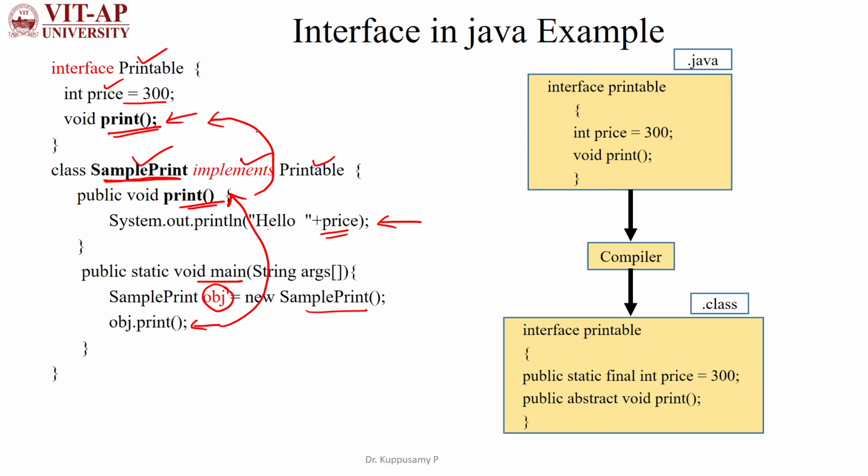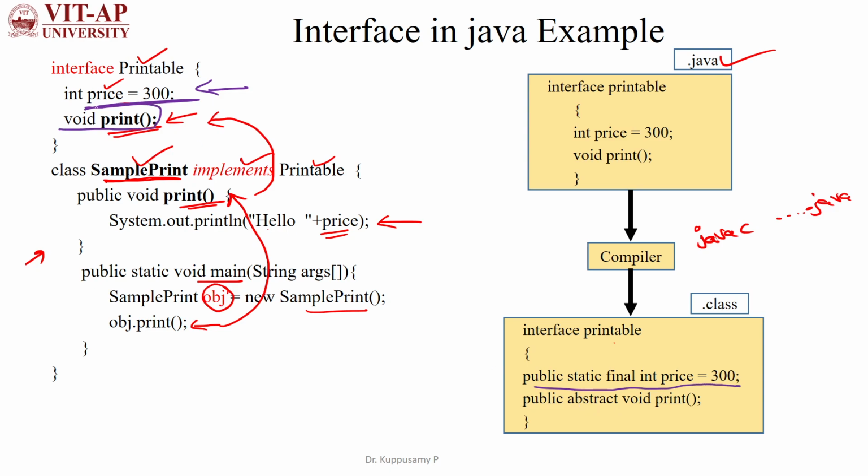In the programming, this program will be saved as a file name .java, right? After that, when you apply javac on file name .java, then the class file will be created. The class file looks like this, you see, interface printable, the statements will be converted like this. So this price is transformed into public static final int price 300.